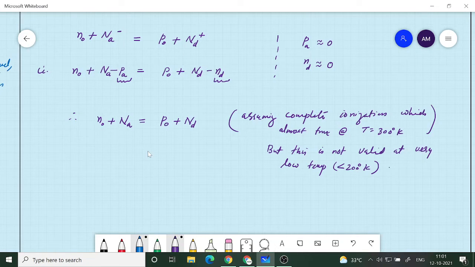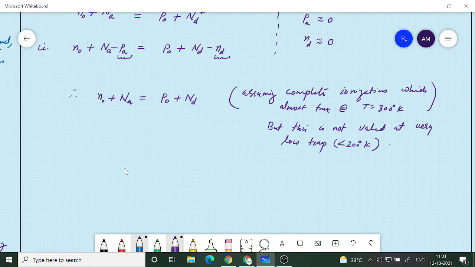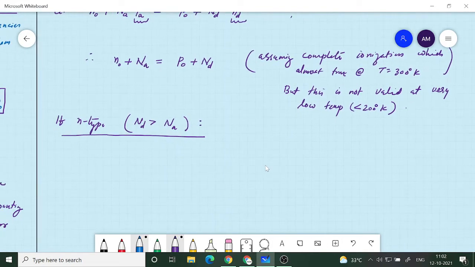If that is the case, now let's look at whether it is n-type or p-type. If n-type, what is the requirement? We should have Nd greater than Na. Let's assume that it is n-type and proceed with the calculation. We can also do the same calculation for p-type.